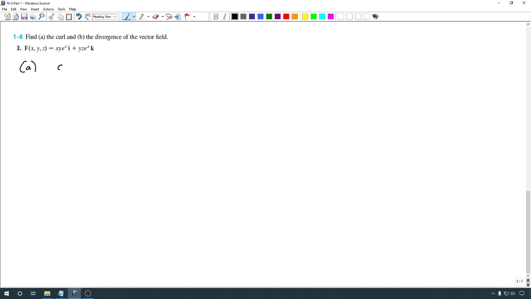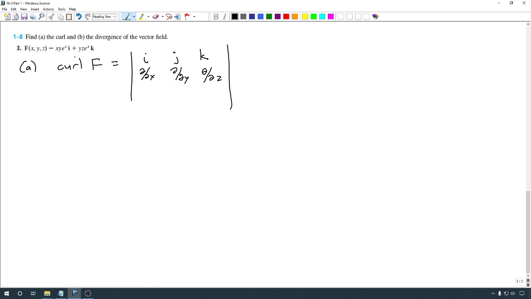So we're trying to take the curl of f, or you could write this as Nabla cross f if you want to. Remember, that is a determinant. We have i, j, k. We have the derivative with respect to x, y, and z. Now, in general, you probably don't want to write those first. You probably want to write your vector first.